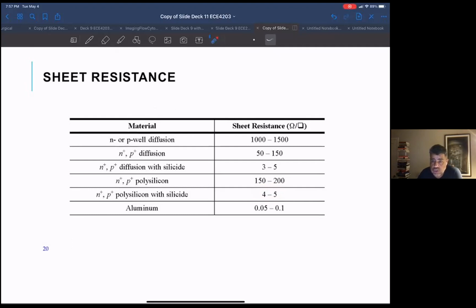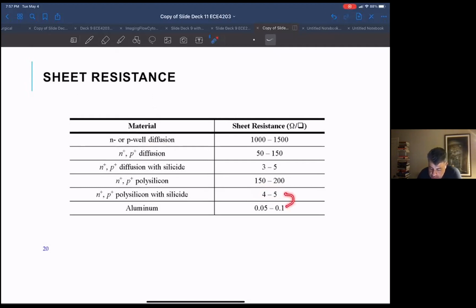I've run out of interconnect path. I've sort of painted myself into a corner. So I'm going to route something with poly, or with a diffusion, or even a well, because these are all conductive to some extent.